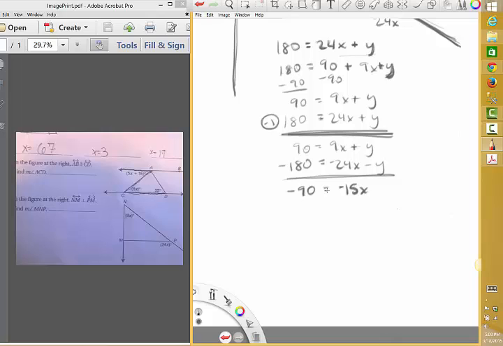So what we need to do is divide both sides by -15 so that we can get the x by itself. So over here it cancels out and you have an x. Over here, 90 divided by 15 is 6. So now we know that our x is 6.